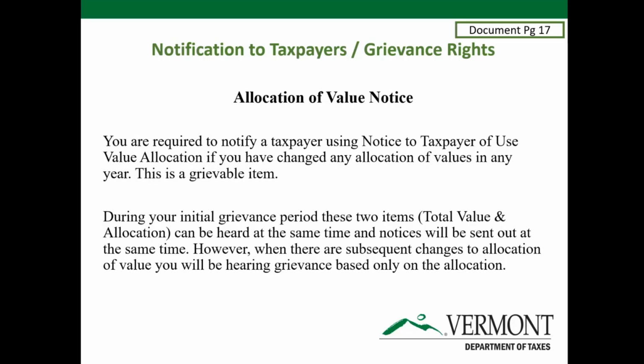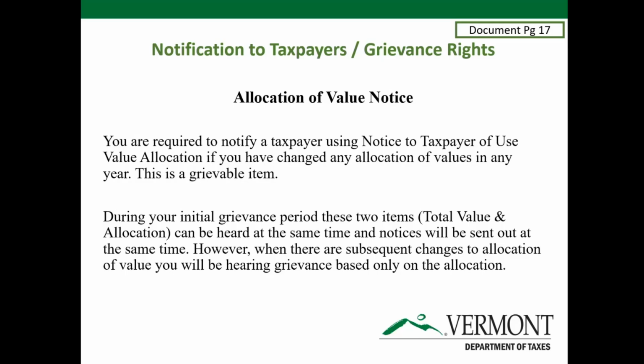If you get these notices out around the same time as your change of appraisal notices, you only have one hearing period, and that will simplify your lives a lot. You can talk about the total value and the allocation with the taxpayers at the same time. They are considered two separate things because the allocation does not affect the total value.